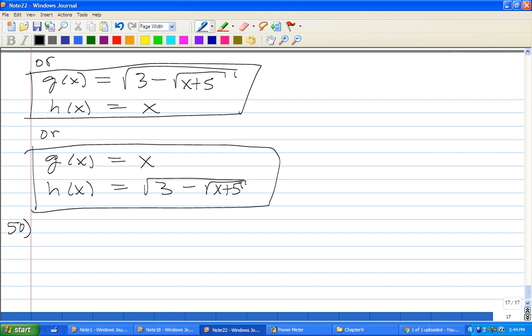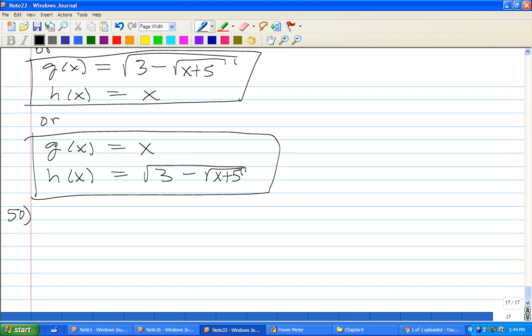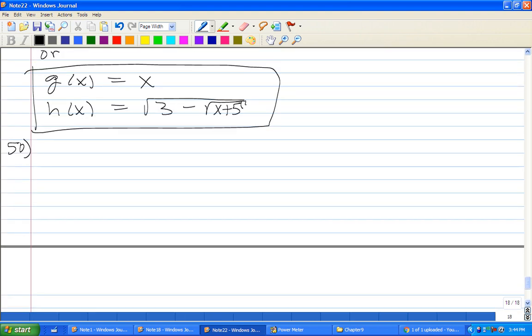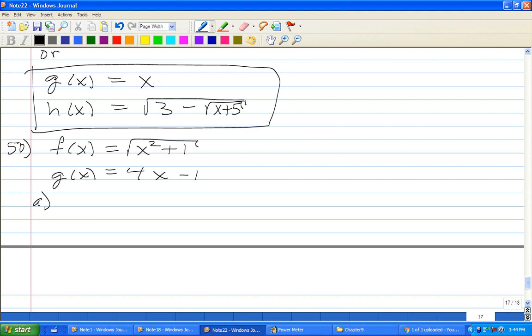Okay, so let's evaluate each of these. So f of x equals radical x squared plus 1, g of x equals 4x minus 1. So let's do part A.